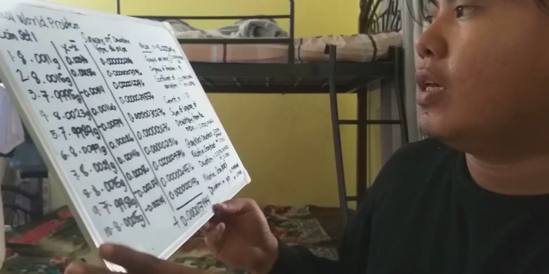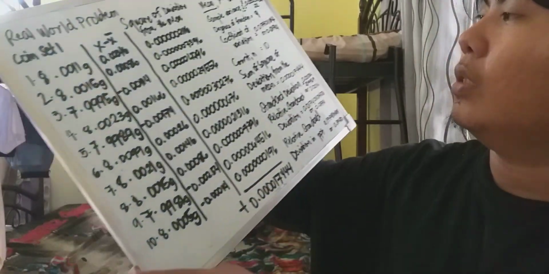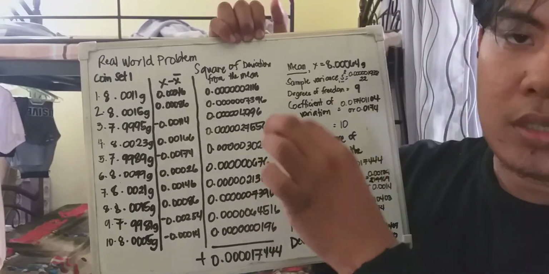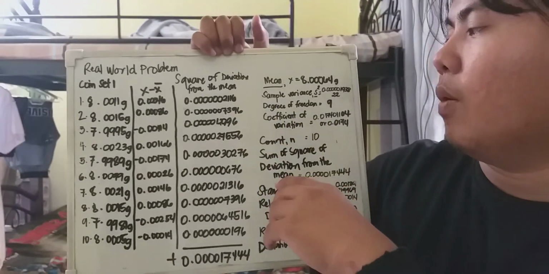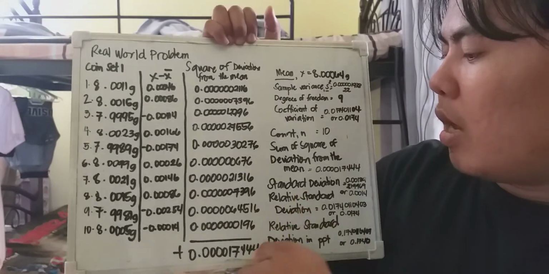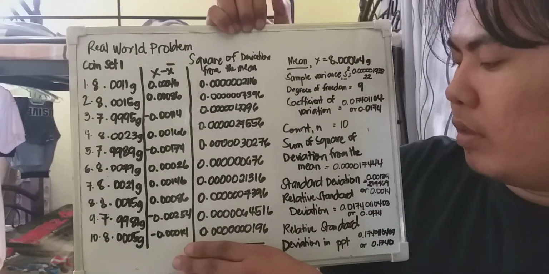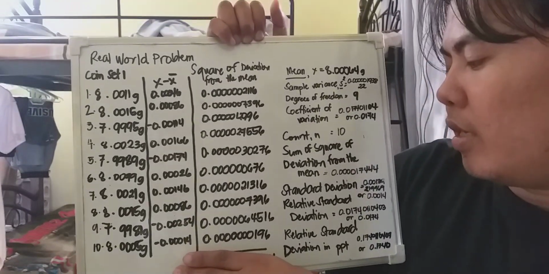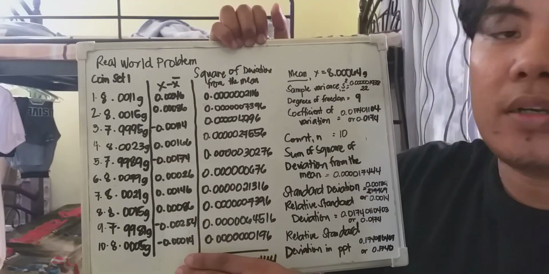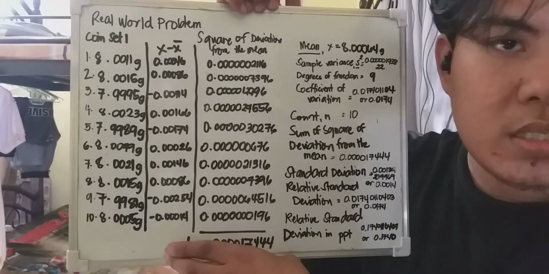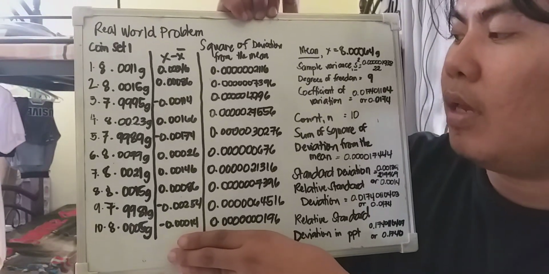So, on getting this, everyone, napaka-importante because with this, pag nakuha na natin yung sum of square of deviation, tuloy-tuloy na yan. We will be getting our coefficient of variation, our standard deviation, relative standard deviation, and relative standard deviation from the mean. So, I guess everyone is done na on solving.